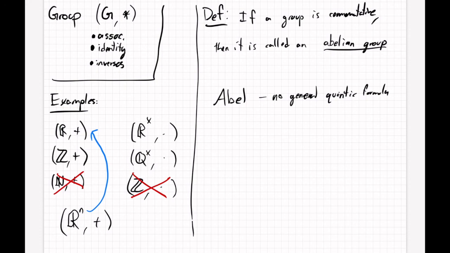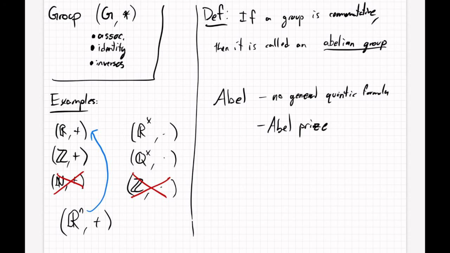But there is none for quintics, and Abel was the one who proved this. There's also something called the Abel Prize. It's given away for mathematicians who have made a lifetime contribution to mathematics, and it's the same Abel as in Abelian. So some interesting things about Abel there.